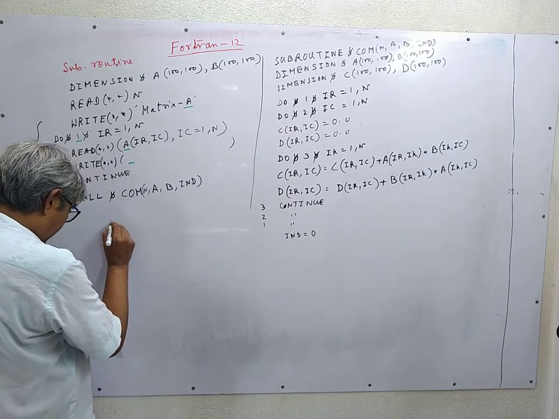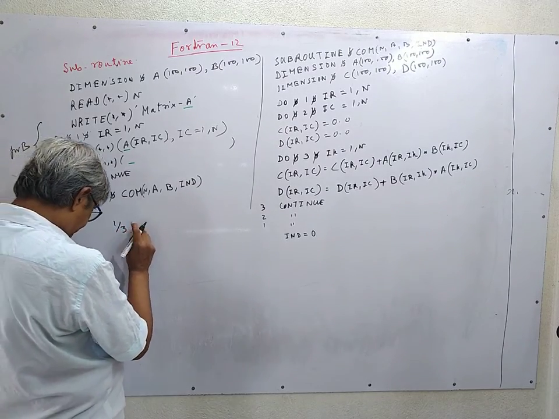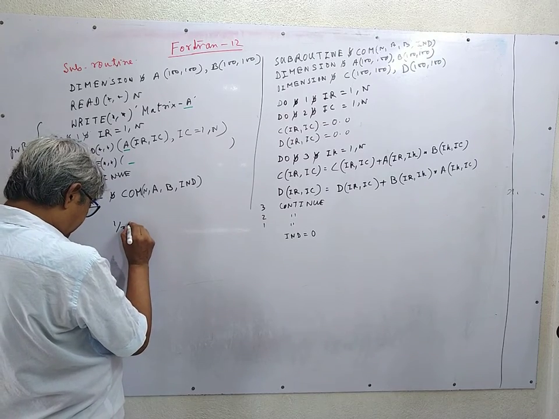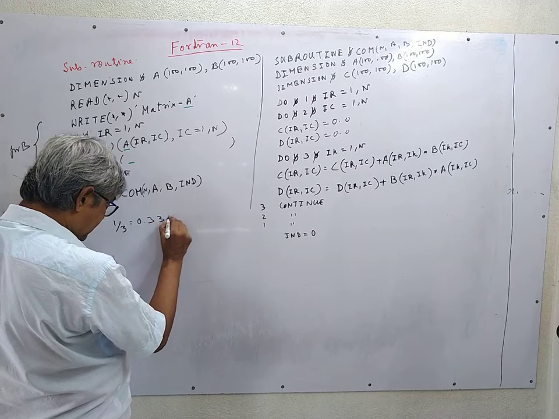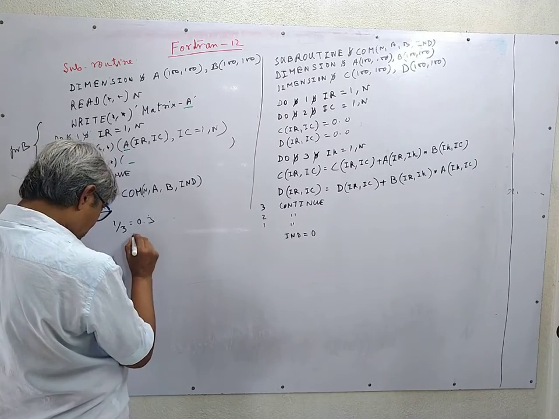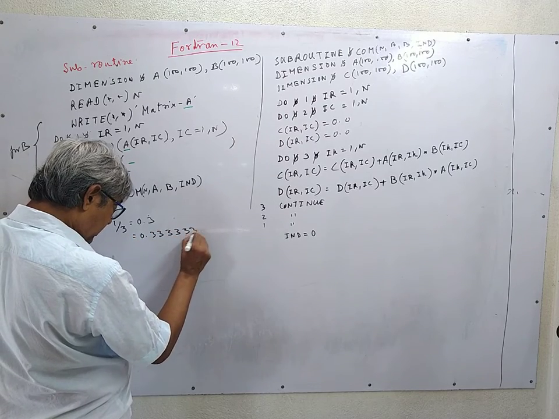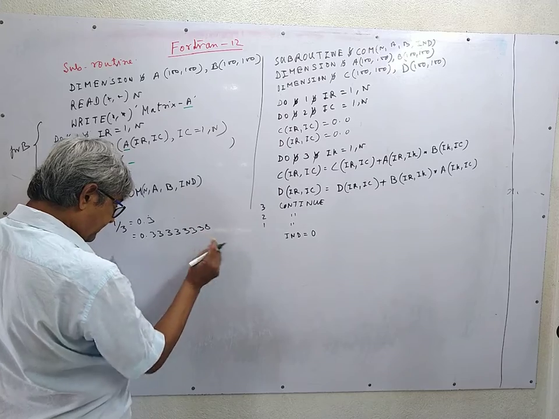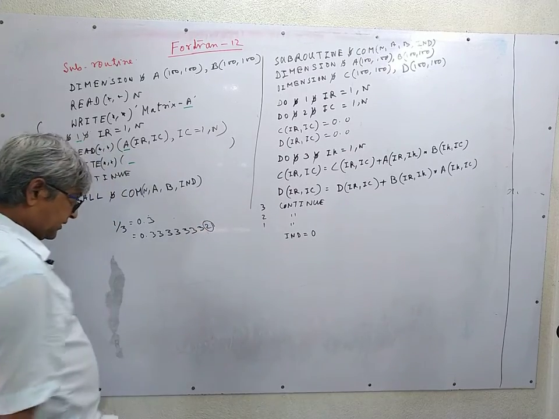As for example, 1.3 may not look like this, that is 0.3 recurring. It may so happen that it is 3, 3, 3, 3, then 2. This is the truncation error.